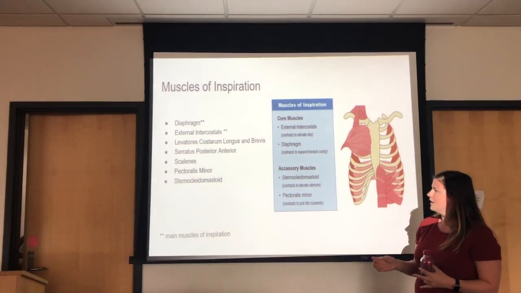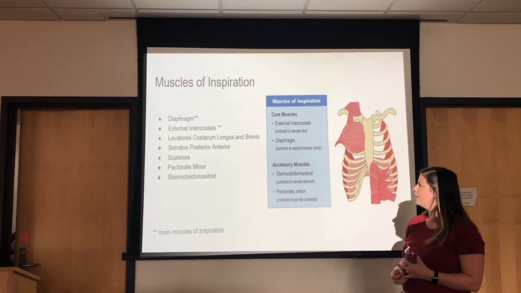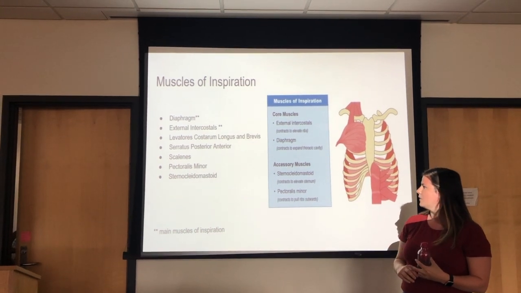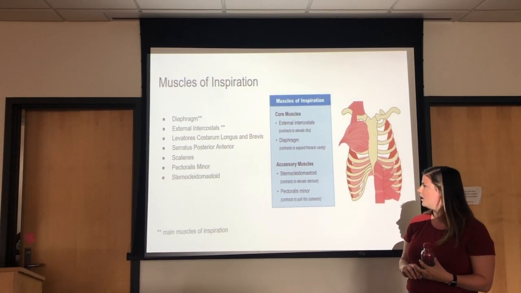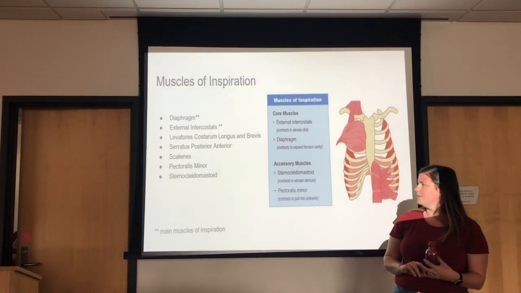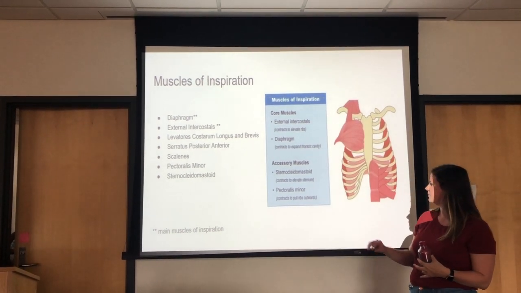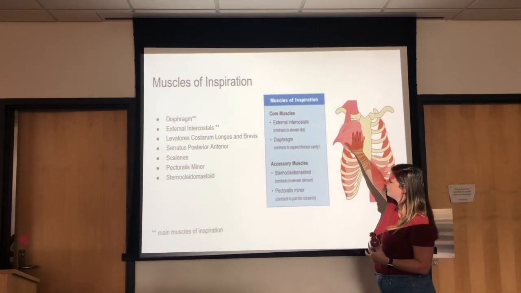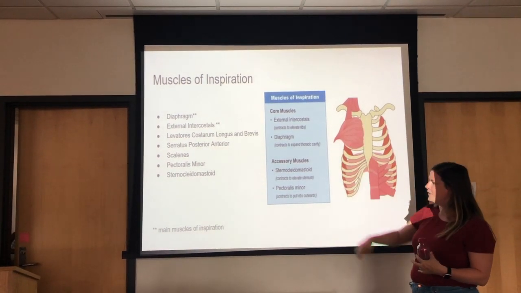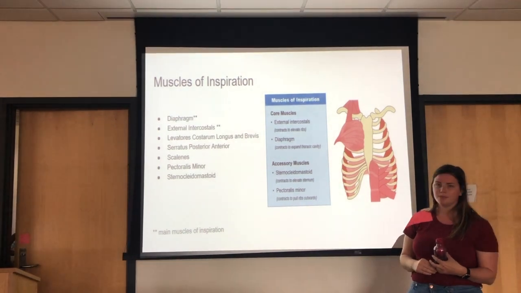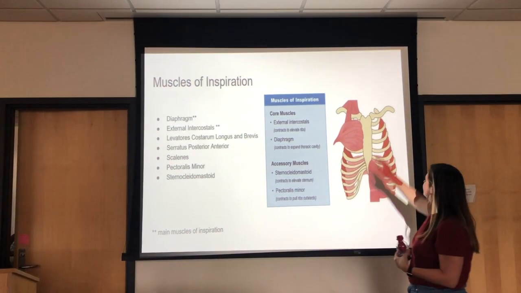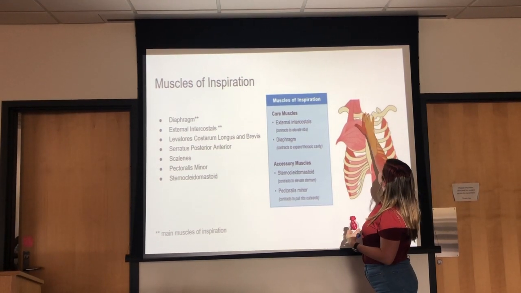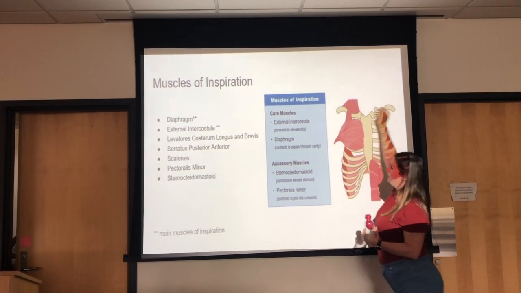And then accessory muscles to that are levatores costarum longus and brevis, serratus posterior anterior, the scalenes, the pectoralis minor, which contracts to pull the ribs outwards, which would lie inferior to the pectoralis major seen here. And then the sternocleidomastoid contracts to pull the ribs outwards, which you would insert right here and go up.